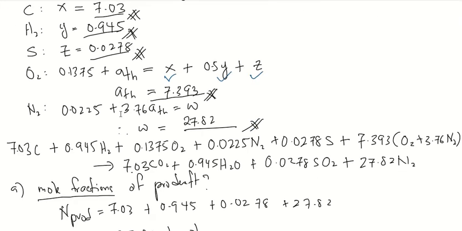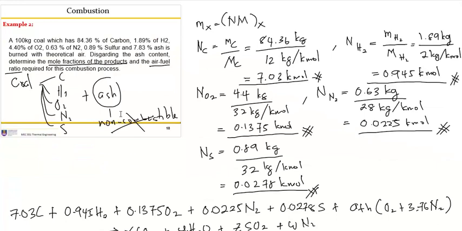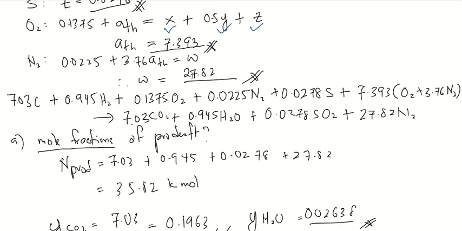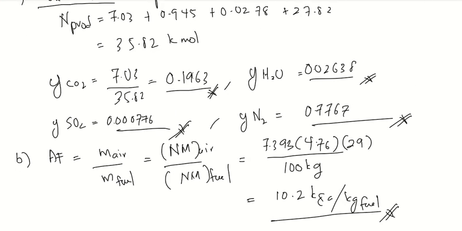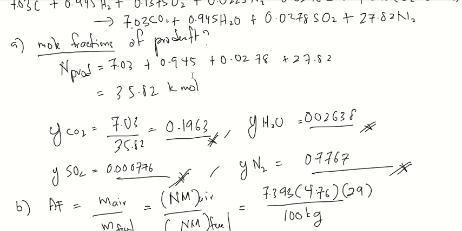And then the next is the assumption: if you have a percentage, you can assume the total fuel is 100 kilogram, especially when you want to determine nC, the number of moles for each fuel chemical composition, and perhaps the mole fractions. That's how we determine the mole fractions. I think that's all.